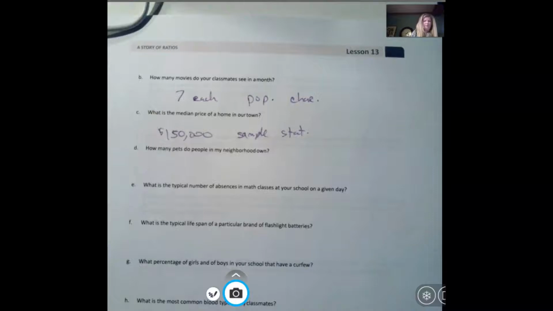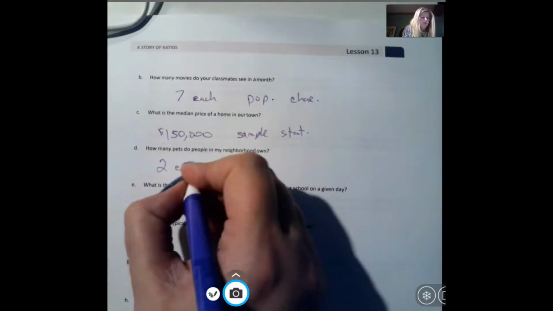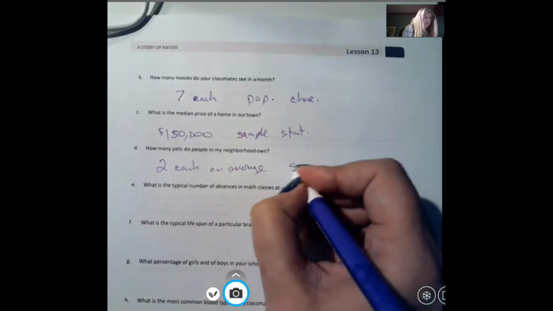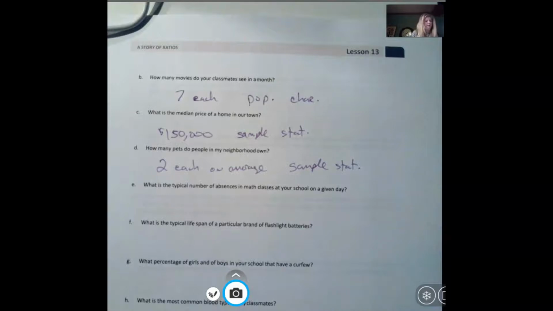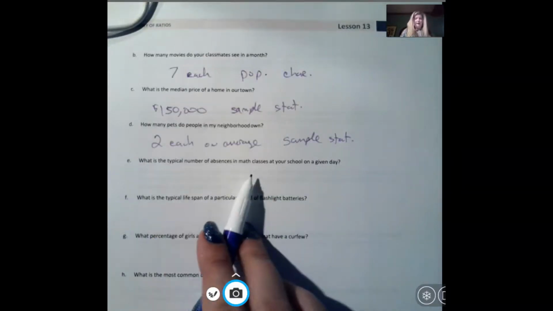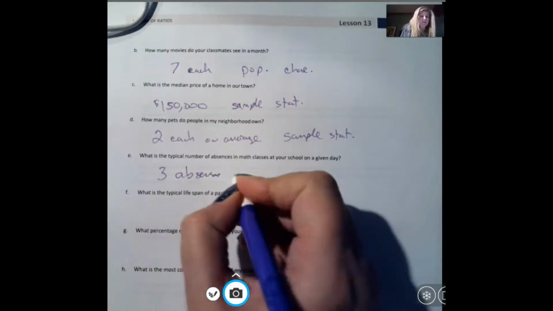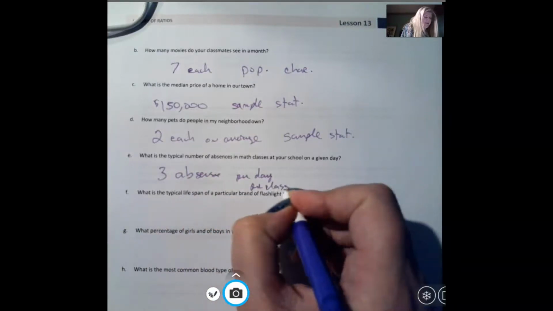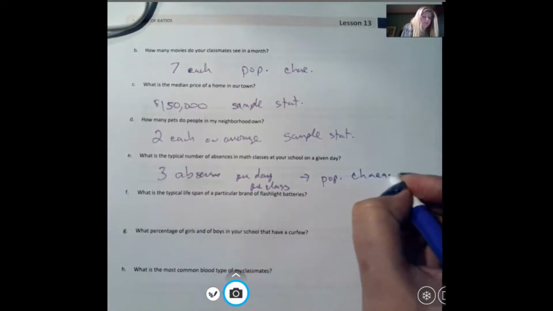How many pets do people in my neighborhood own? 2 each on average, and that is based on a sample, and I think I surveyed every third house. The typical number of absences, 3 absences per day per class, and that is based on the entire population, so it's a characteristic.